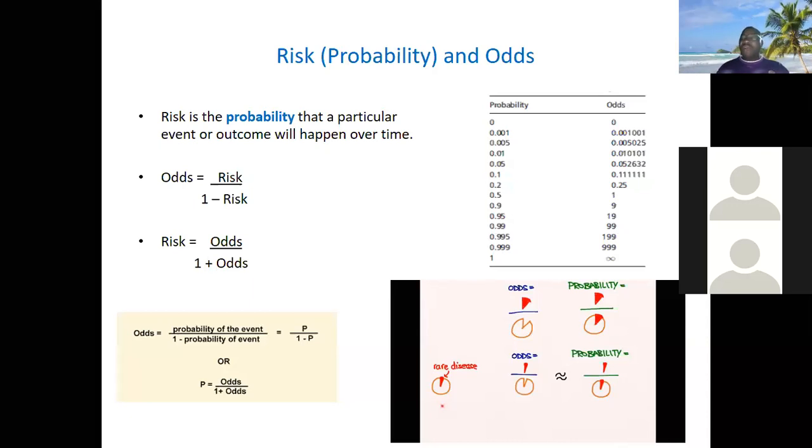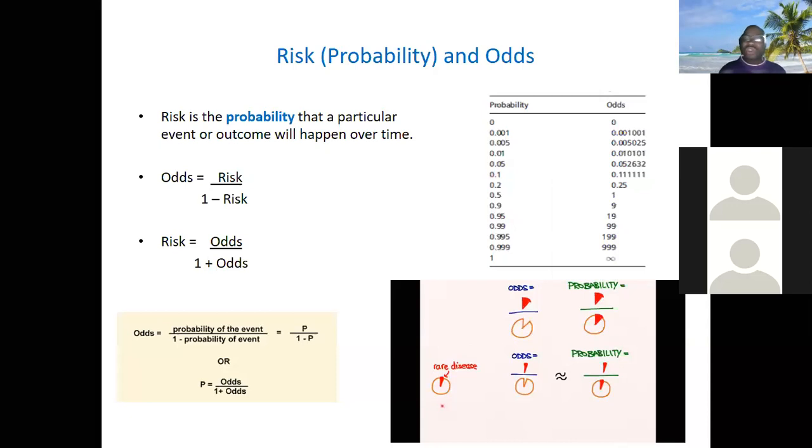You cannot have more than 1. Probability cannot be more than 1. So it ranges from 0 to 1. So the probability of an event happening is the complement of the probability of the event not happening. If the probability of it raining today or tomorrow is 0.4, the probability of it not raining will be 0.6.